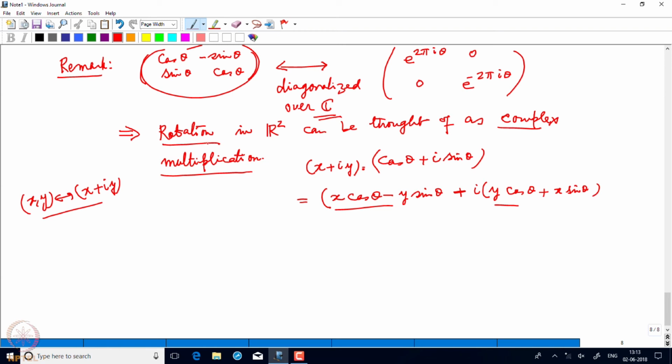We are going to talk about the higher dimensional analog of complex multiplication in the next lecture, and that is the case of quaternionic multiplication. Quaternions are certain objects, and we are going to learn all that in the next lecture, and those quaternions are helpful in understanding rotation not in R2 but R3.